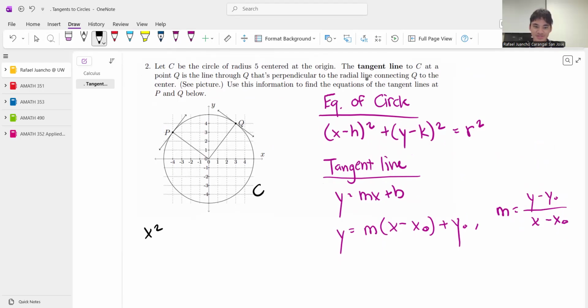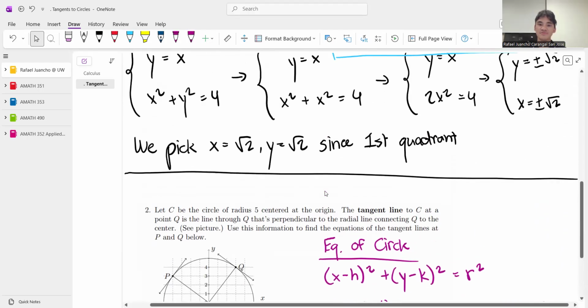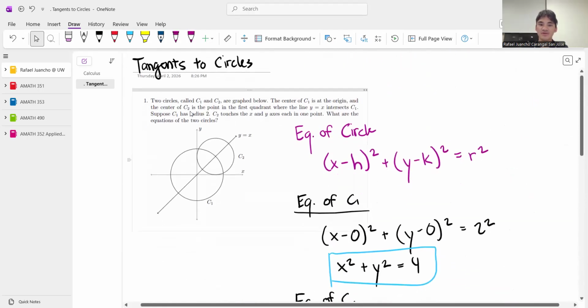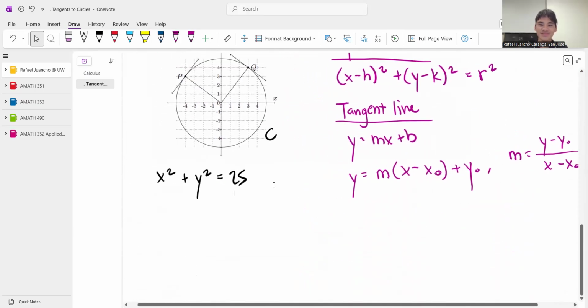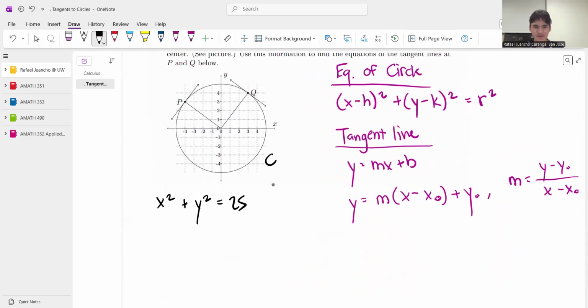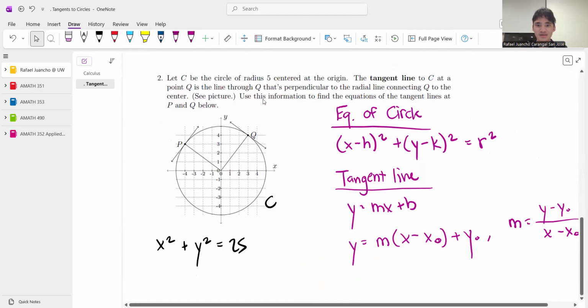So this whole circle is actually just x squared plus y squared equals the radius squared. The radius is 5, so that's 5 squared, that's 25. Now, if you don't know how I got this, feel free to refer to the previous video, which was about the equation of a circle. So we have this.